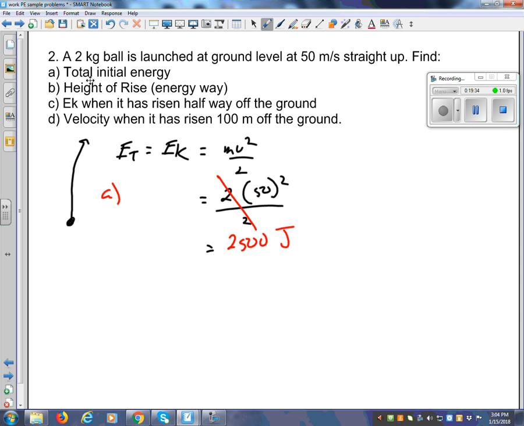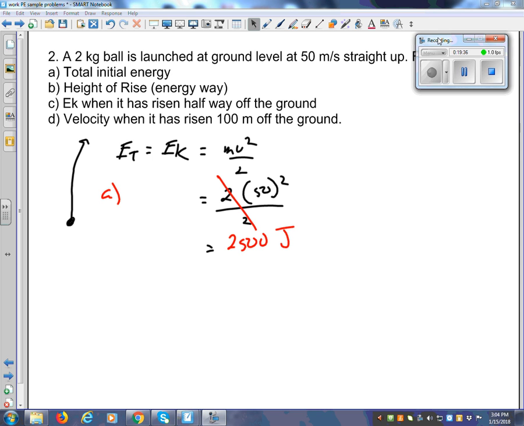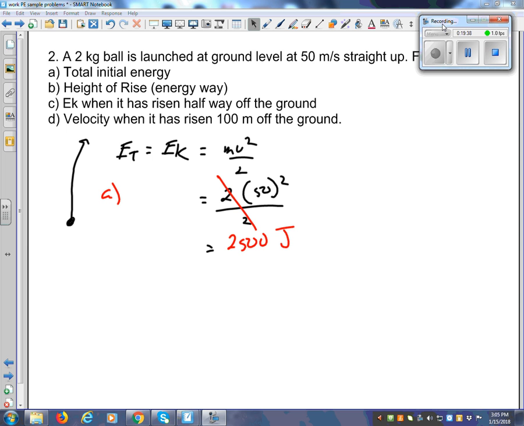Okay, so how are we going to figure out how high it's going to go using energy? Well, remember, as it goes up, the potential energy increases, and the kinetic energy decreases. And in fact, at the very peak, at the very top right there, the kinetic energy is gone to zero, and the potential energy is the total, is it not? 2,500.